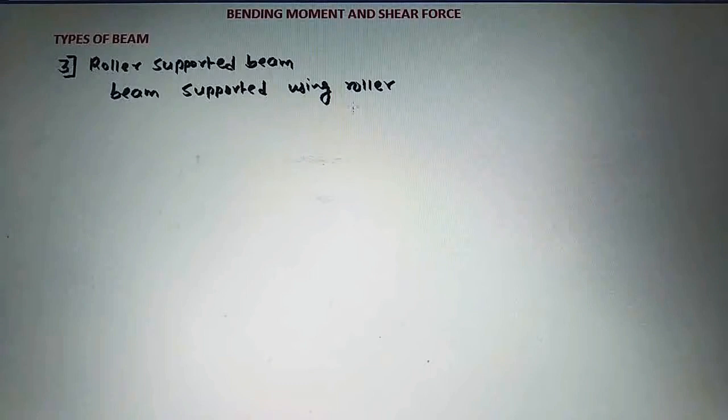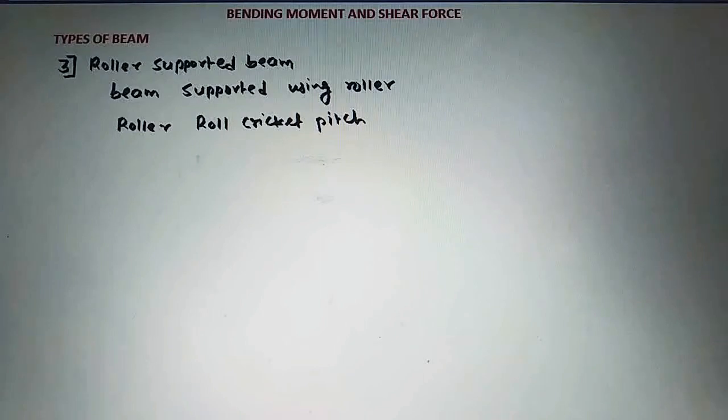For example, the roller which is used to roll the cricket pitch, that is the example of a roller supported beam.